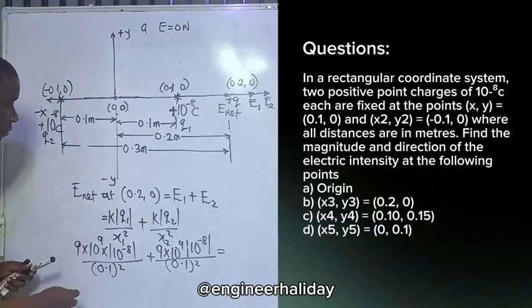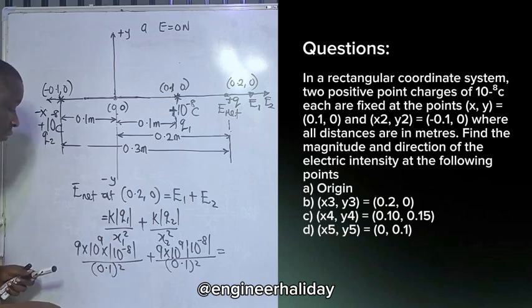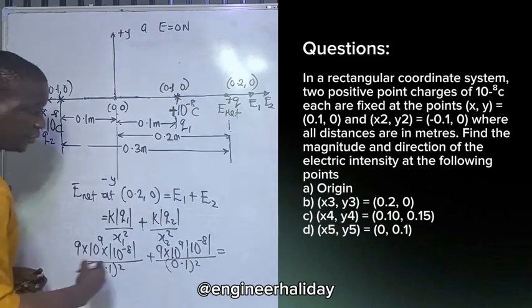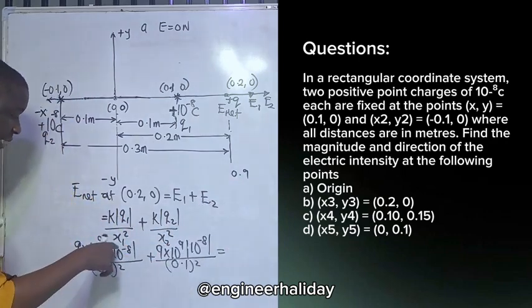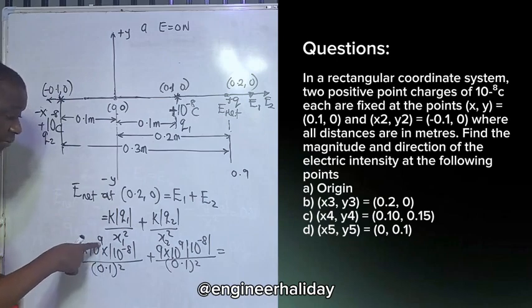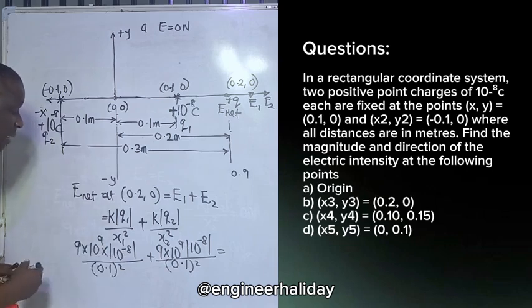Now, this one should be 10 to the power minus 2. If you come up, that is 0.9. It should be 0.9. But this is minus 2 minus 10, 10 minus 9, and 9 times 10 to the power 9 times 10 to the power minus 10. You got 10 to the power minus 1.